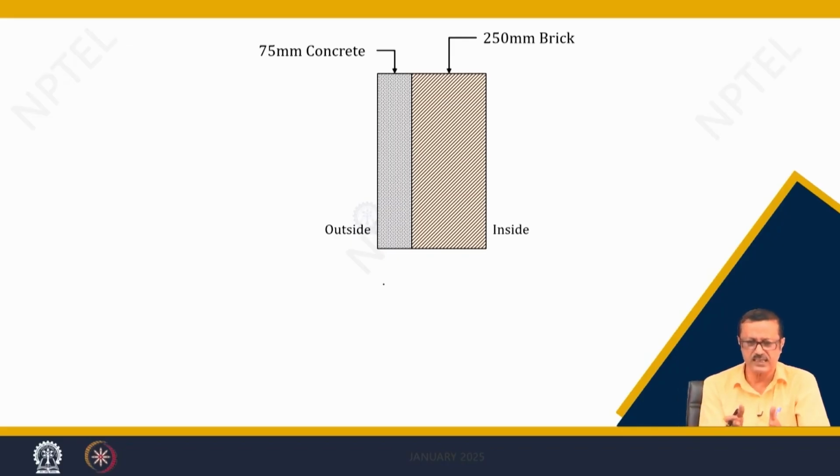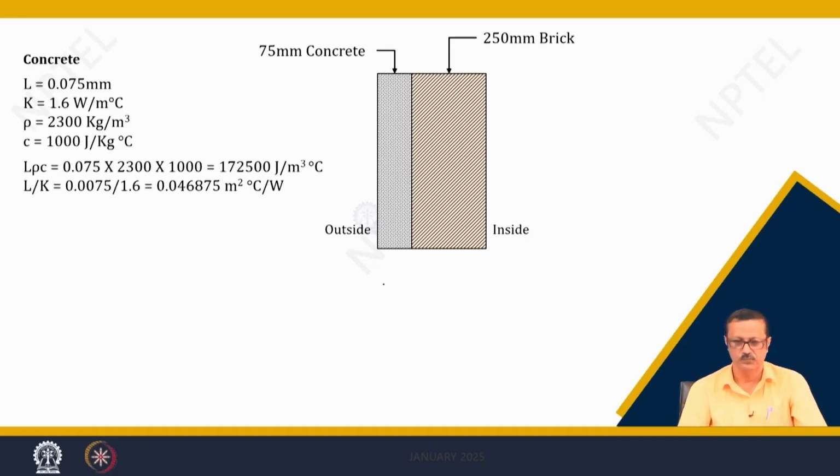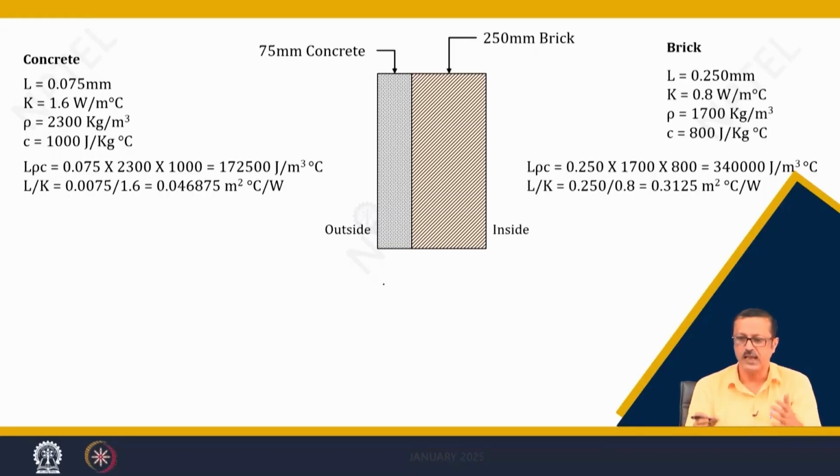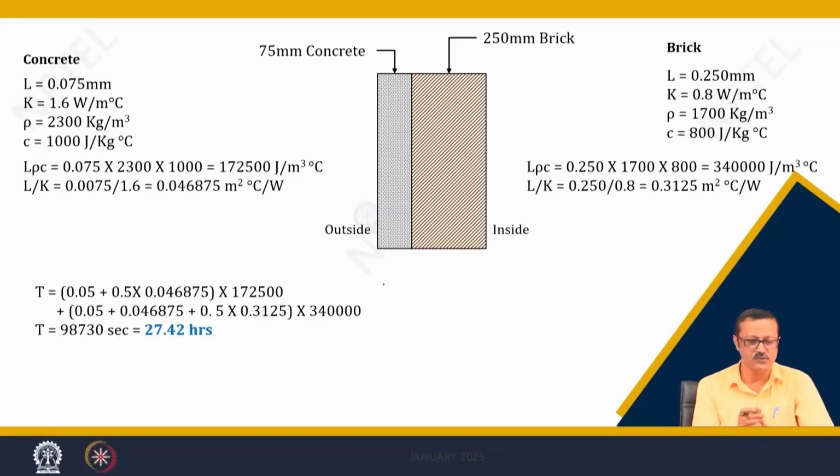In the first case I have kept the outside concrete 75 mm and inside 250 brickwork. In this case the concrete values are like this, L rho C and L by K, and the brick values are like this. If I now compute, I got 27.42 hours, a very high value. But let us see what will be the change in this thermal time constant if I just change the orientation.